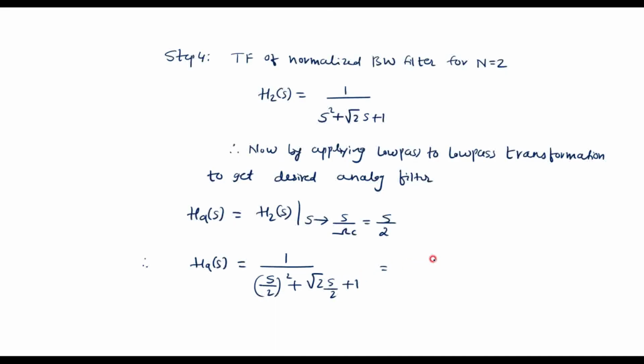So simplifying this, we'll get 4 divided by S square plus 2 root 2 S plus 4. So now applying bilinear transformation to get the digital filter.